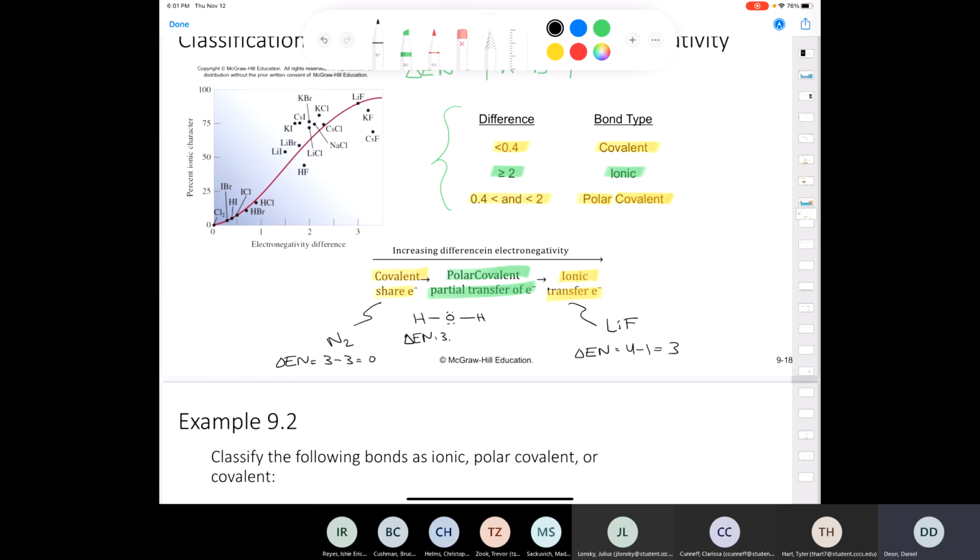Oxygen has an electronegativity of 3.5, and hydrogen has an electronegativity of 2.1. If I calculate the difference, I get 1.4. That falls in the range of 0.4 to 2. Therefore, the oxygen-hydrogen bond is a covalent bond, but it's a polar covalent bond.